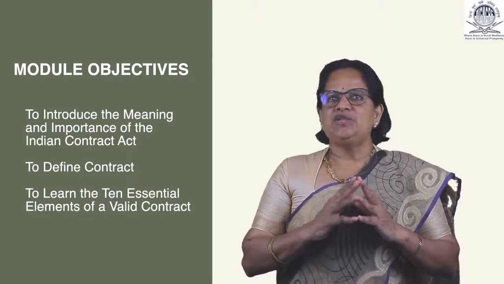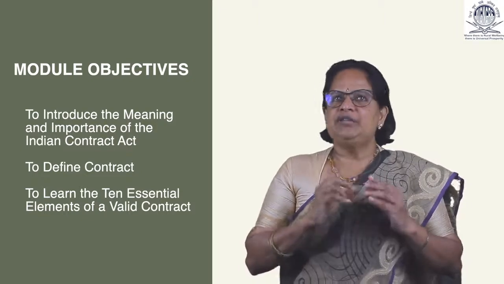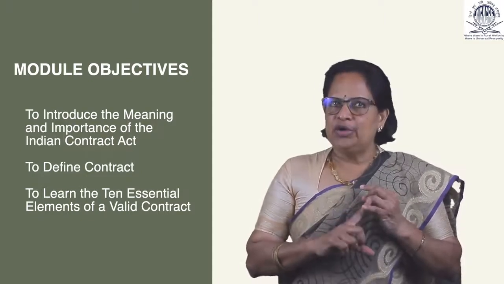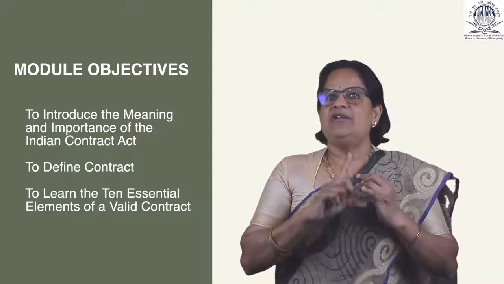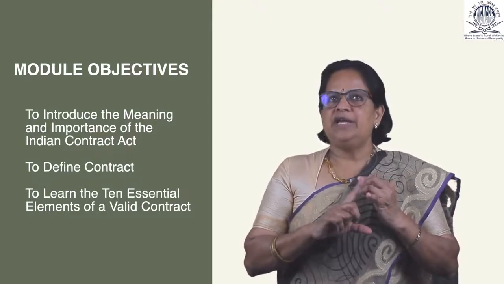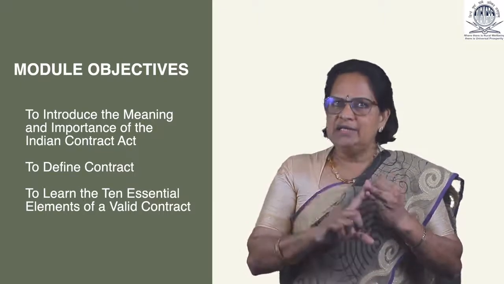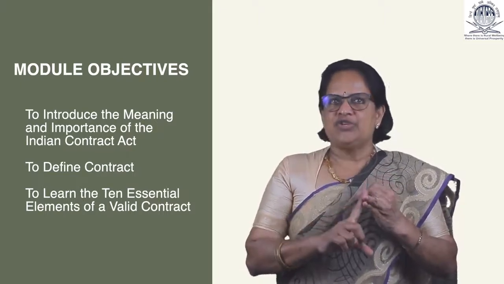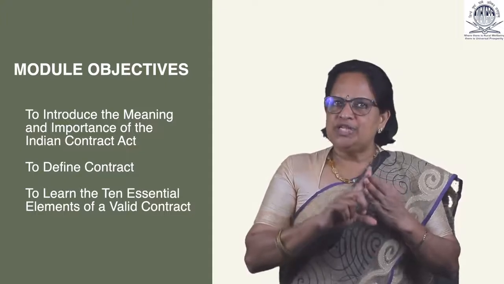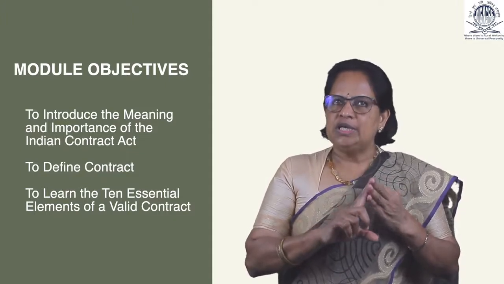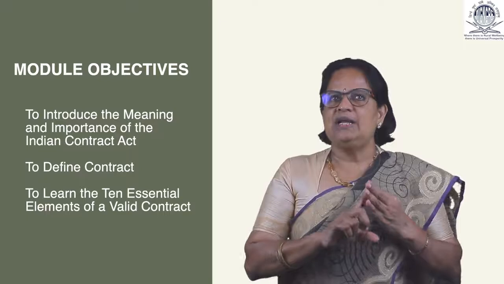This module has been structured to cover 3 broad areas in the following way. First, I will introduce the meaning and importance of the Indian Contract Act. Second, we will learn the definition of contract. The objective of the third module is to learn the 10 essential elements of a valid contract.